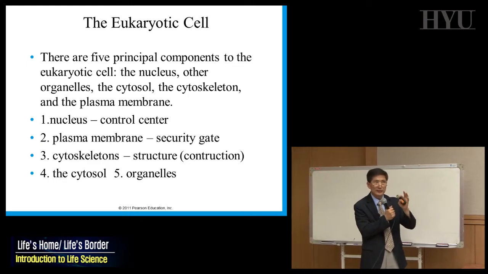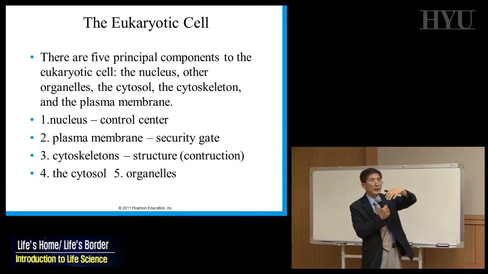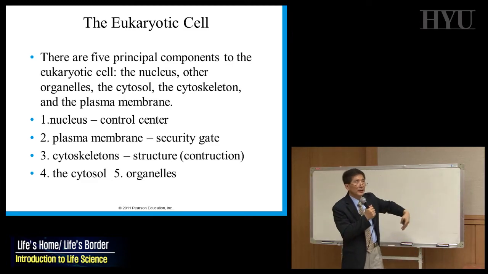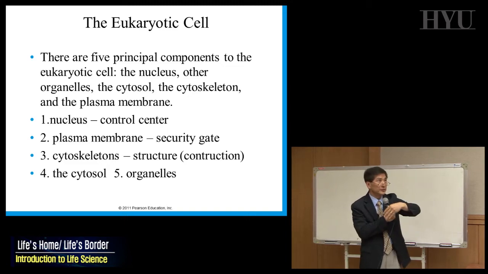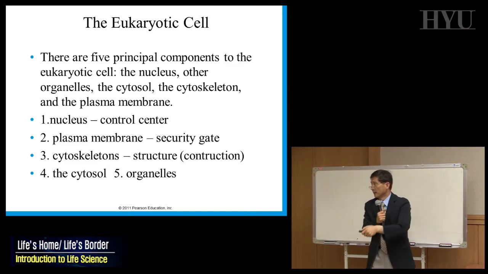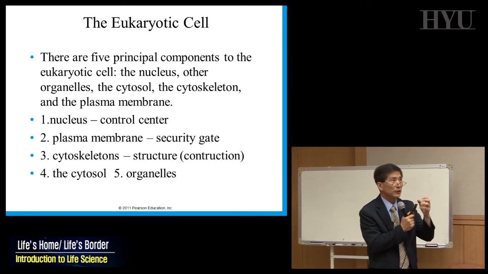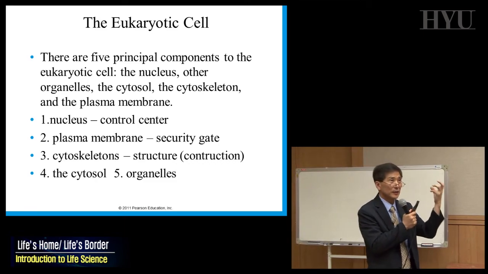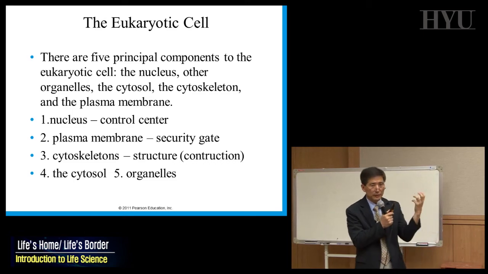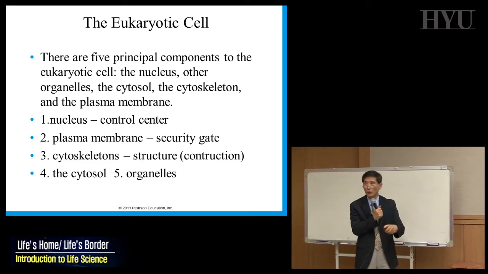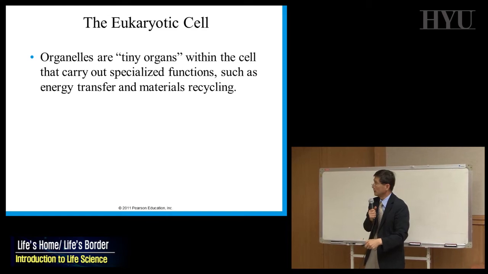Same thing. It is the space between the boundary and the outside of the nucleus. And the last one is organelle. Organelle means small organs inside the cell. There are several of them. Now we'll go into them one by one.